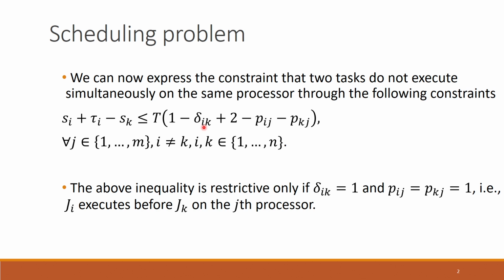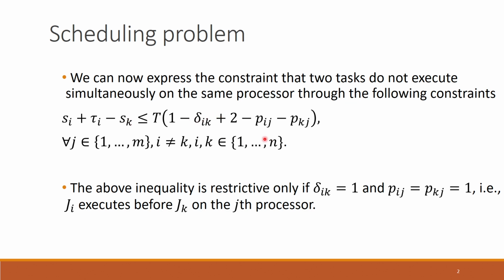So in the RHS we will have capital T times 0, which is equal to 0. Finally, we will have the condition that Si plus tau i minus Sk is less than or equal to 0, and that is what we wanted: the starting time of task ji plus the time to execute this task, tau i, is less than or equal to the starting time of task jk.